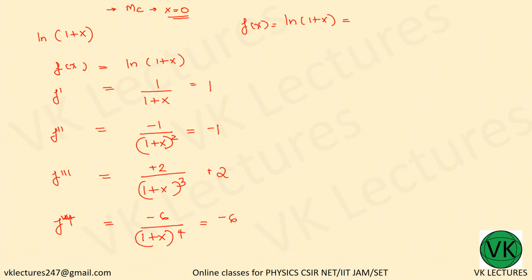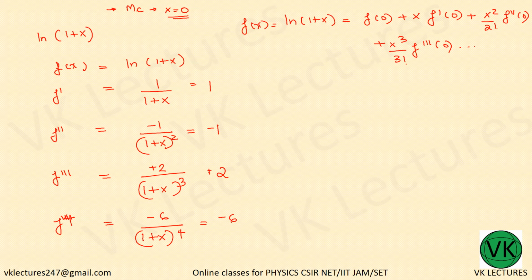For that let us write down the formula first. What was the formula? f of x equal to f of 0 plus x into f dash of 0 plus x square by 2 factorial into f double dash of 0 plus x cube by 3 factorial into f triple dash of 0, and it goes on.